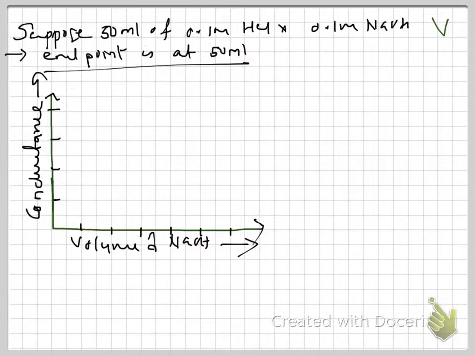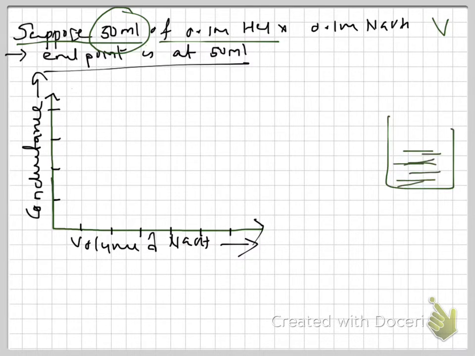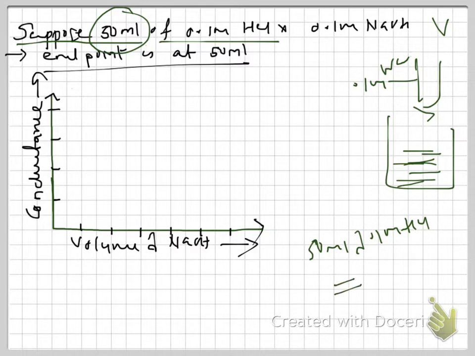Suppose you have been provided with 50 ml of 0.1 molar HCl in the beaker, and in the burette you have 0.1 molar NaOH. Then we can clearly say that 50 ml of 0.1 molar HCl can be completely neutralized by 50 ml of 0.1 molar NaOH.